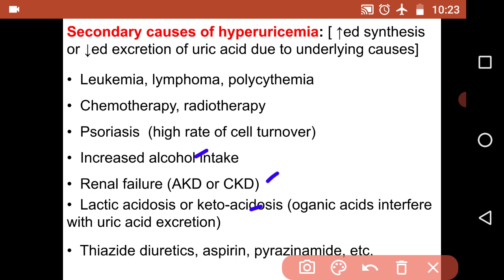So these will lead to increased uric acid accumulation in blood, leading to hyperuricemia. These are the secondary causes for hyperuricemia.